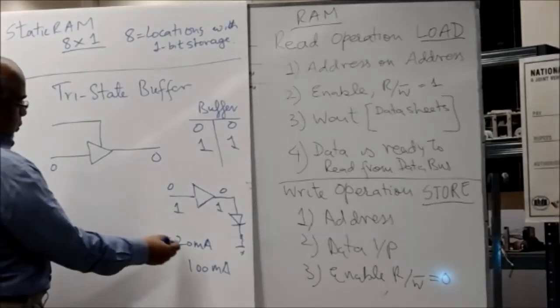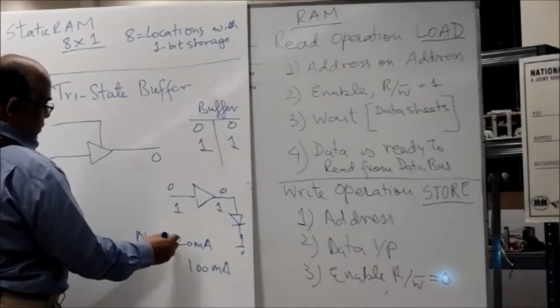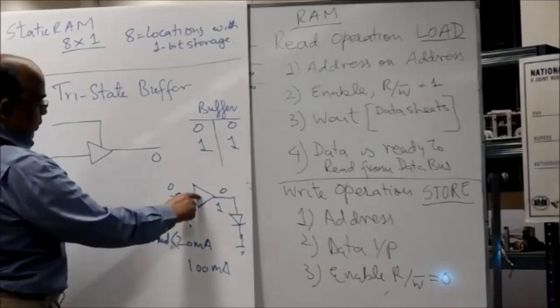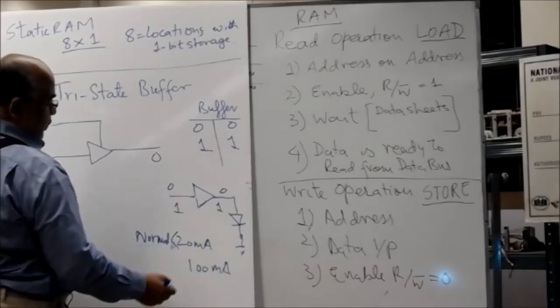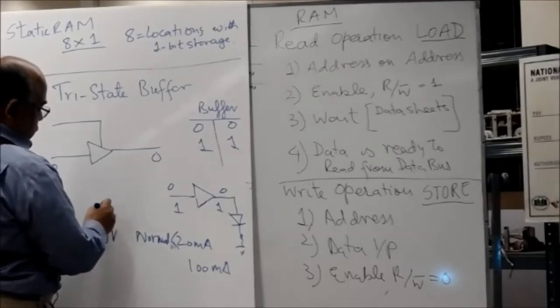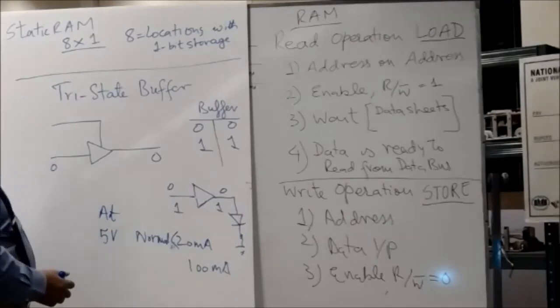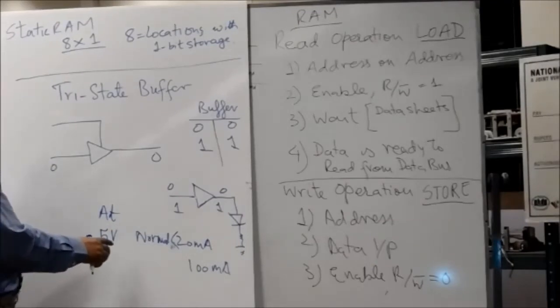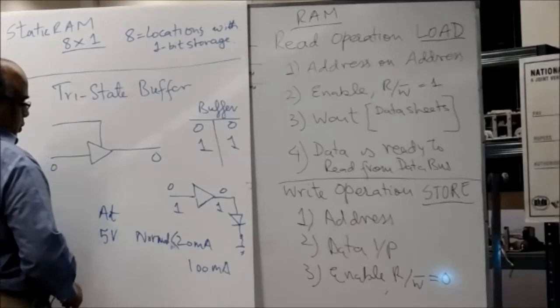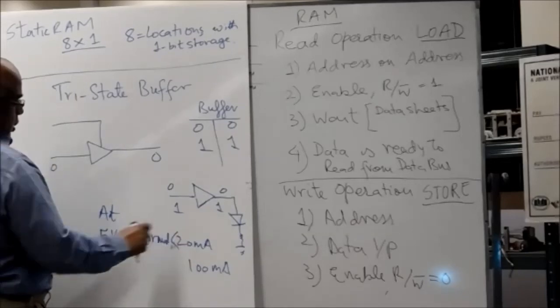Normal would be maybe even less than 20 milliampere. But with the buffer, the current capability is very high. At 5 volt, 20 milliampere, if you calculate that, is equal to 100 milliwatt, volt into current.